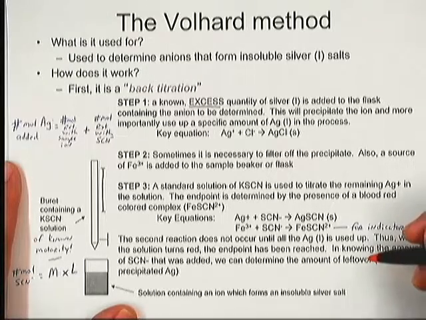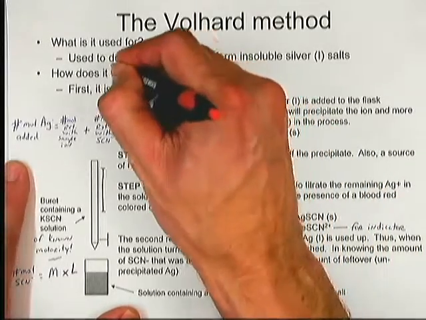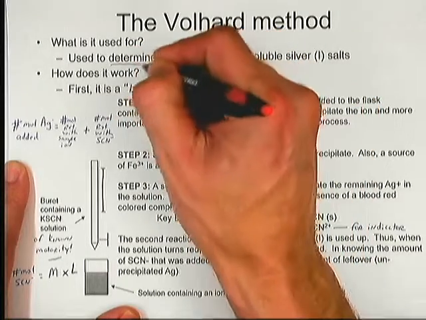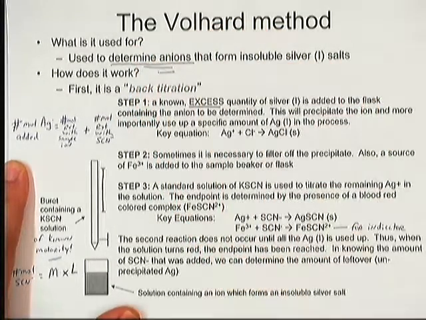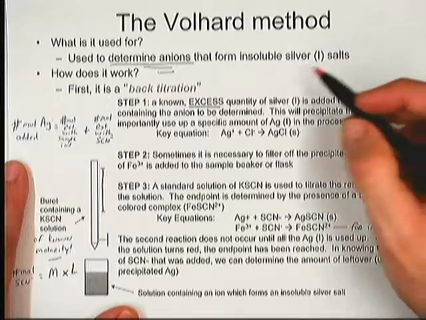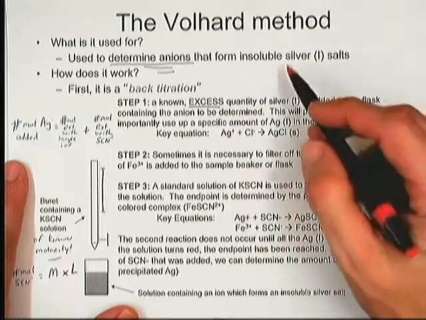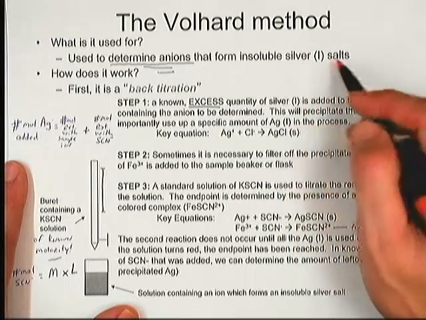Generally speaking, if you're using an argentometric method, that is titration with a silver +1 ion, you are going to be determining anions, negatively charged ions, that are going to form insoluble silver salts.